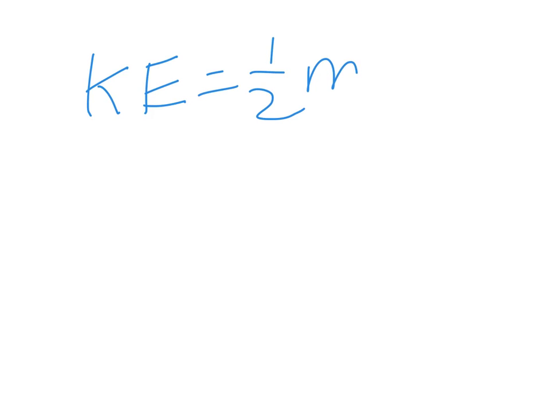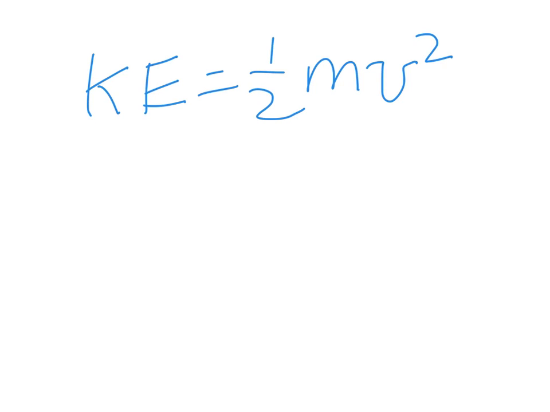And we can calculate the amount of kinetic energy that something has by using the formula: kinetic energy is equal to 1/2 the mass of the body times its speed or its velocity squared. And so we can say that 1/2 mv squared is equal to the kinetic energy.